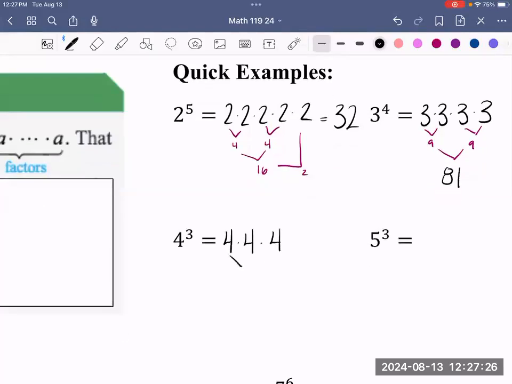So we have 16 times another 4 for 64. And one last one. 5 times 5, 25 times another 5 for 125.